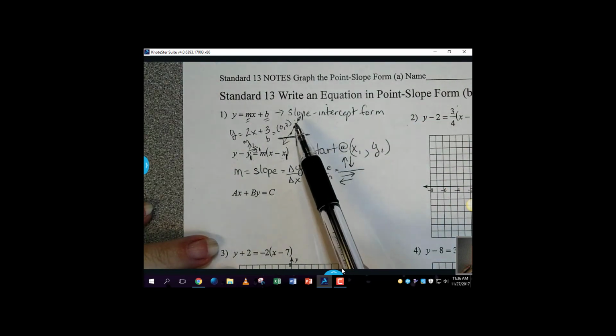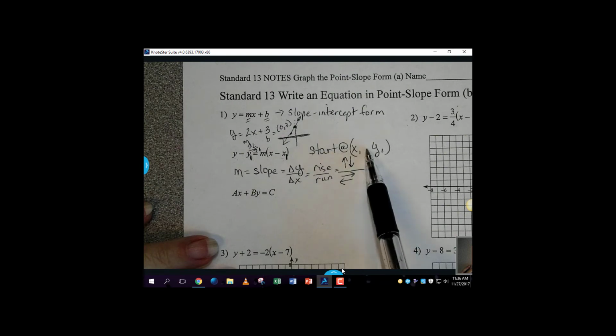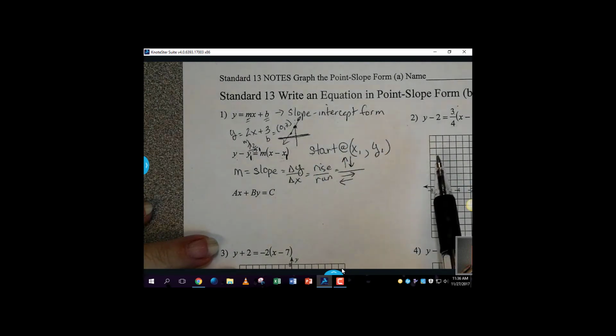So, like this one gives us a place to start and also tells us how to move, this will tell us where to start and how to move. So it's going to be relatively as easy as this. And I'm going to give you examples in just a moment.